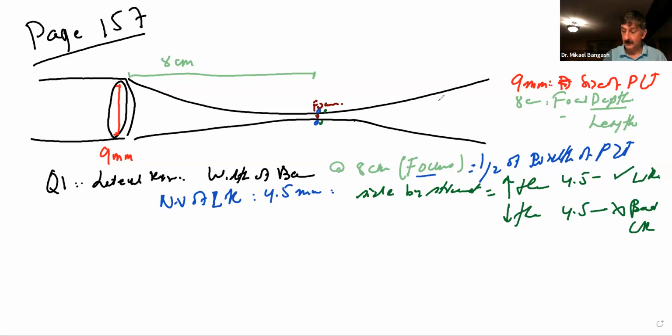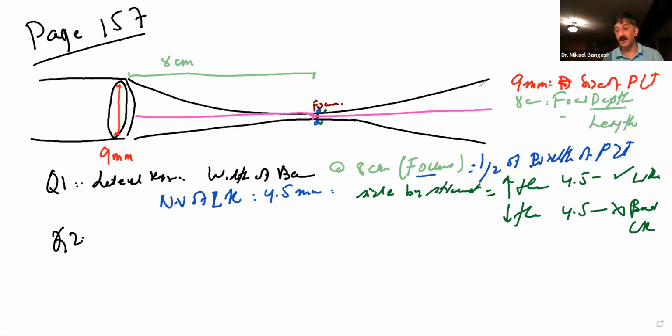So question number 2 is, what is the lateral resolution at a depth of 16 centimeters? Where this first 8 centimeters is where we have the focus. But then it asks what's going to be at 16 centimeters?